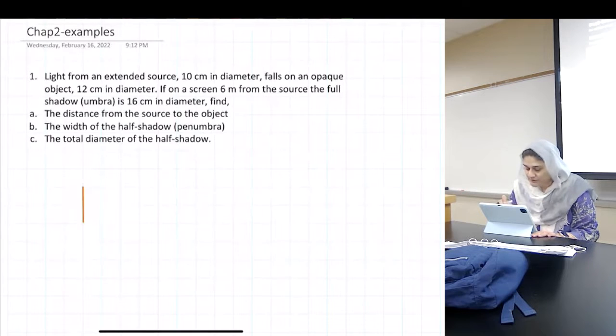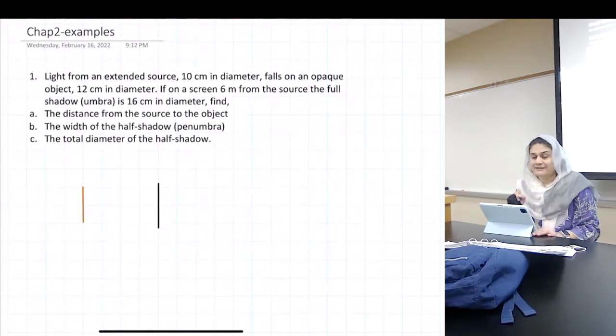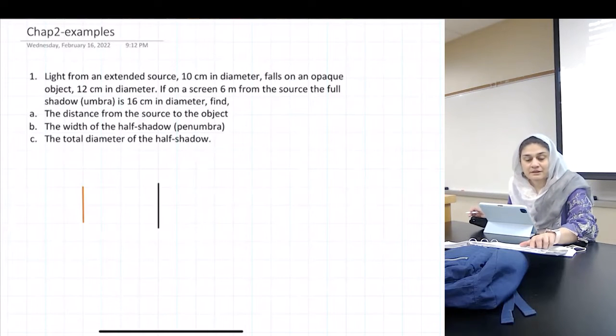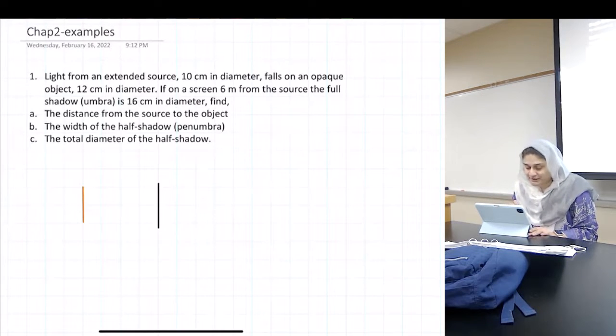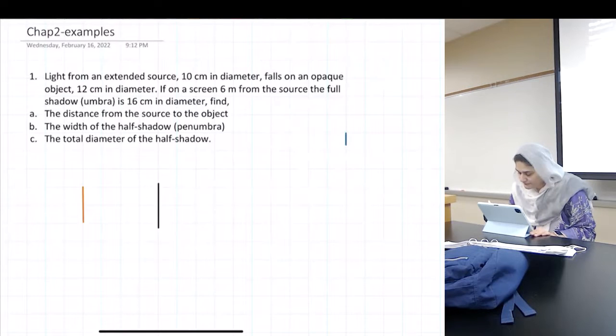I'm going to make this orange. Then I'm going to make my object 12 centimeters, slightly bigger than this. And then the screen from the source is 6 meters, so that means it's 600 centimeters. I know it's not to scale, but bear with me.